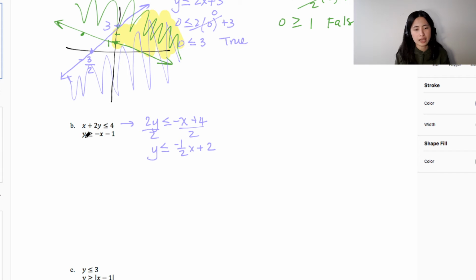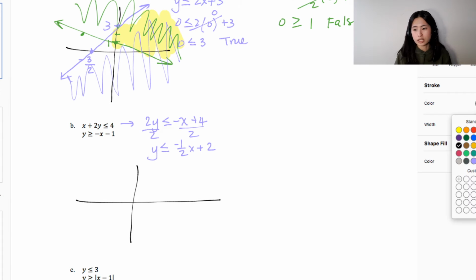And then as you can see, for the second equation, because it's already in the form of slope-intercept, you don't really need to do anything, right? So let's plot your x and y axis. Okay, so let's start by graphing the first equation, right? So this is positive 2, so you have a y-intercept at 2.